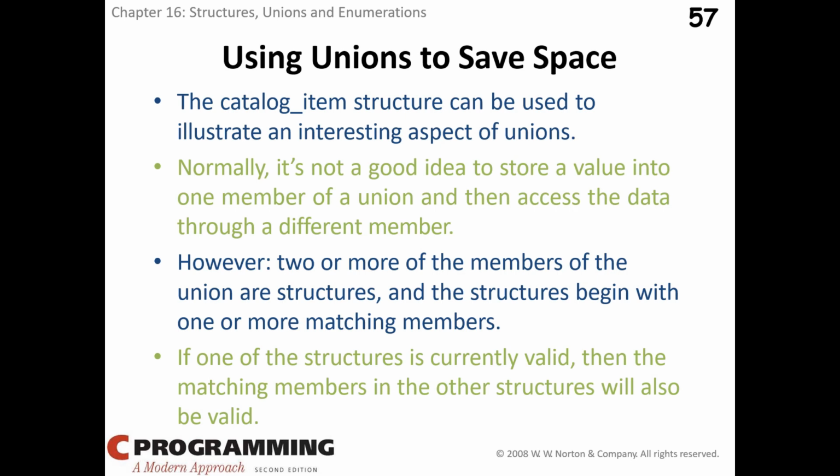In such cases, if one of the structures is currently valid, then the corresponding matching members in the other structures will also be considered valid. This underscores the interconnectedness and synchronization between union members, allowing for a degree of flexibility in data access and manipulation within the catalog item structure.